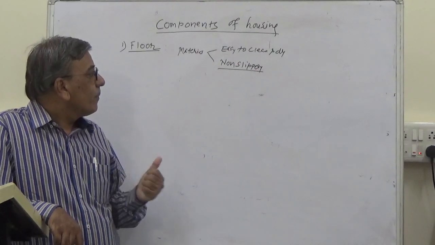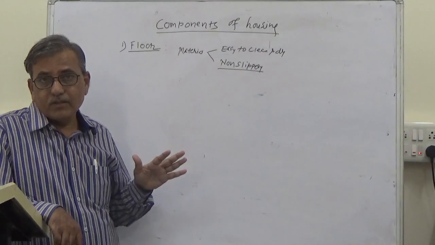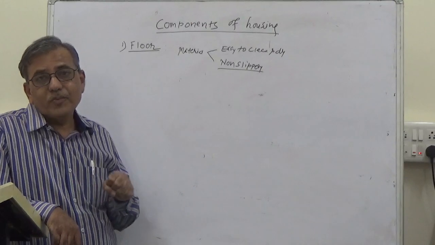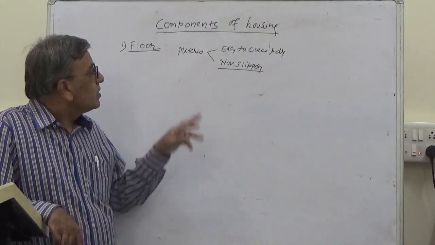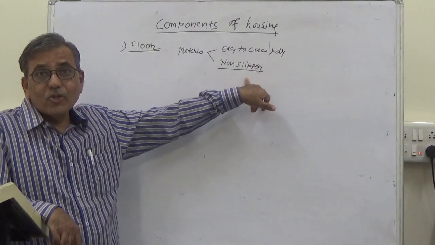To avoid this, the material used for constructing the floor of the house is of such a quality that it should be non-slippery. So material should be easy to clean and dry. It should be non-slippery also.